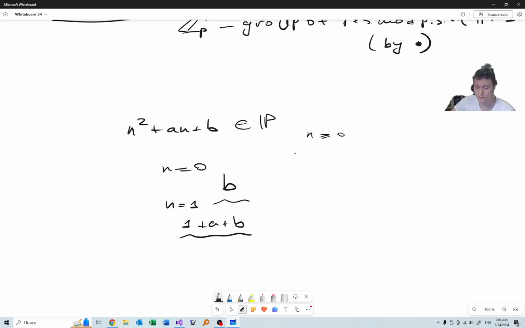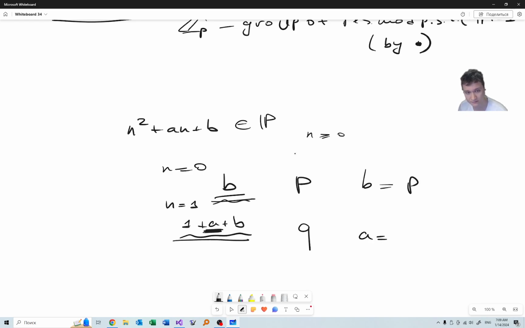So I want to consider all pairs of primes with difference at most 999. I subtract them. So I get b and a. Actually, no. Actually, I don't. So a may be negative. So I take just two primes p and q. Then I say that b equals p and a equals what?